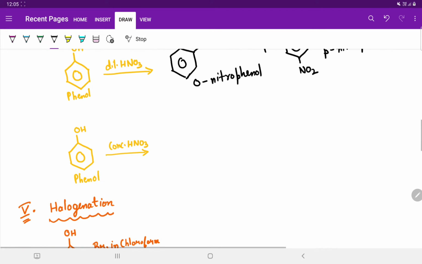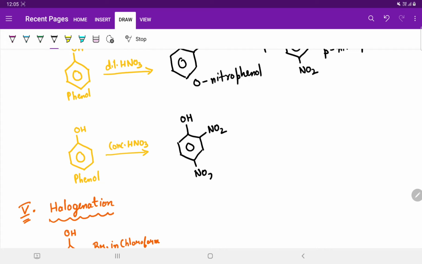Whereas in presence of concentrated nitric acid, this leads to formation of picric acid. So the addition will be on the 2, 4 and 6 position. The addition of nitro group will be at 2nd, 4th and 6th position. This is known as picric acid.